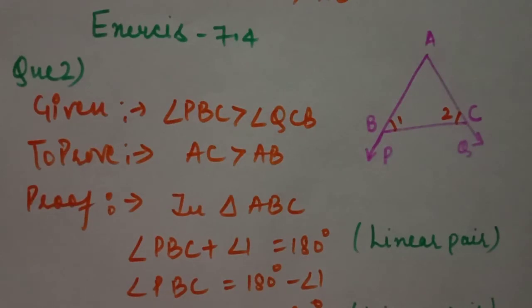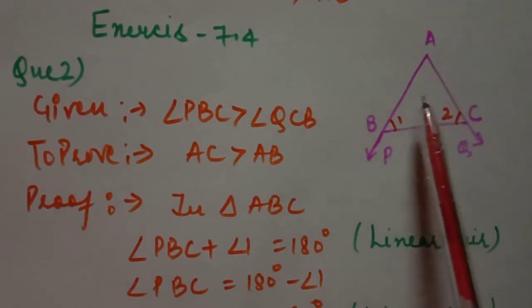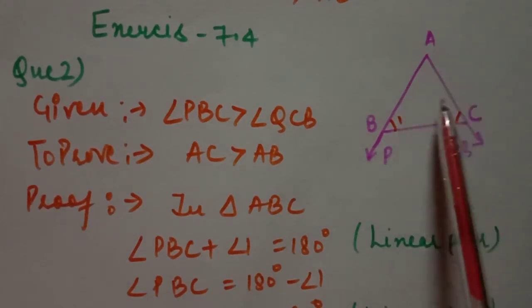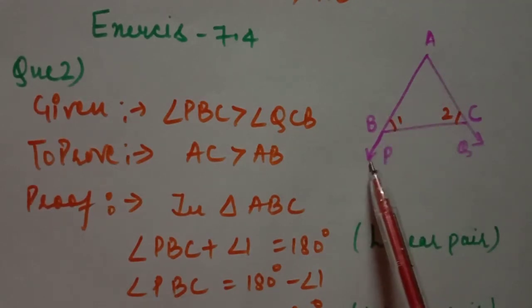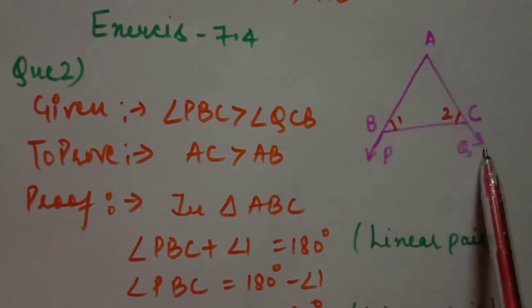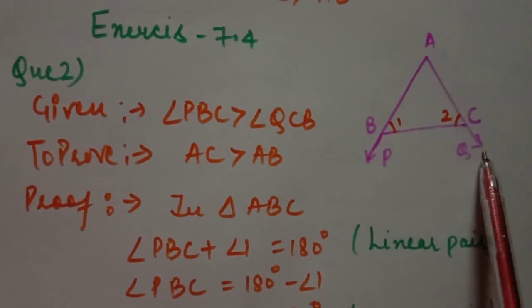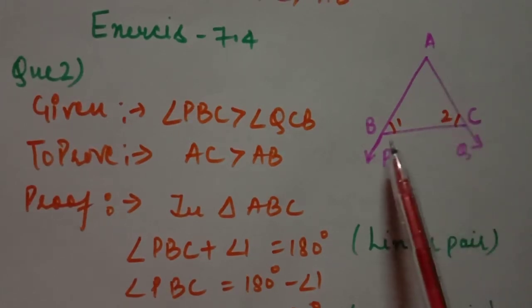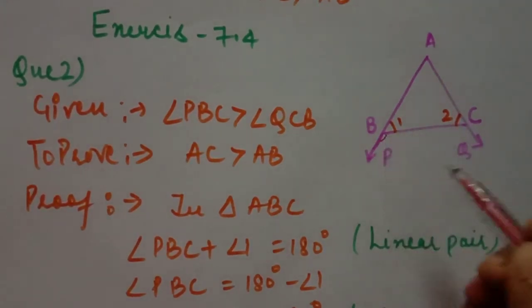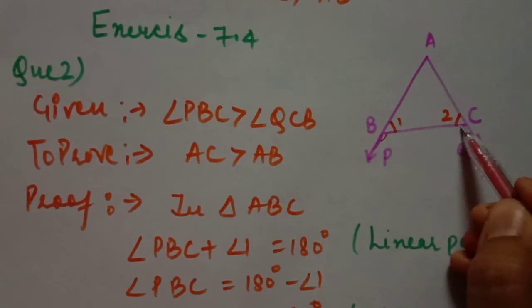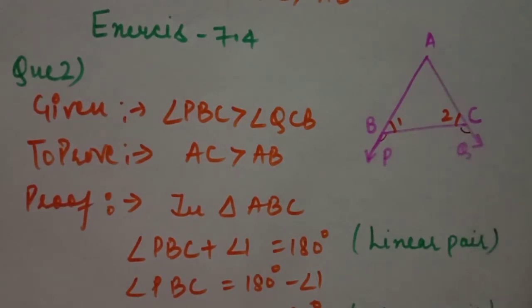Question 2 from exercise 7.4 is, in this figure, sides AB and AC of triangle ABC are extended to points P and Q respectively.